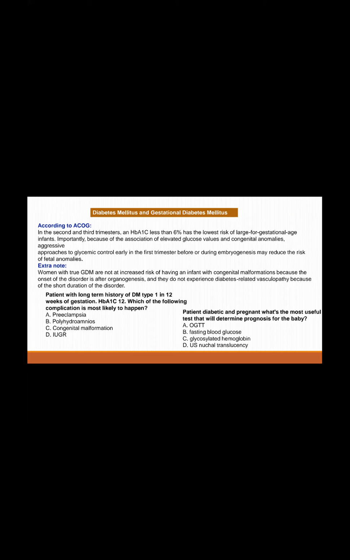So if HbA1c is below 6%, there is a lower risk of complications. Importantly, because of the associated elevated glucose value, it entails congenital abnormality. So gestational diabetes mellitus entails congenital abnormality. In congenital malformation, we have to confirm the glucose level lowering, as it impacts organogenesis. So it is very important to decrease glucose level.